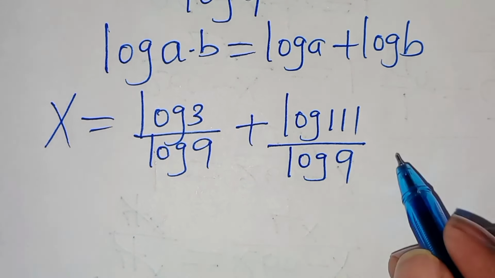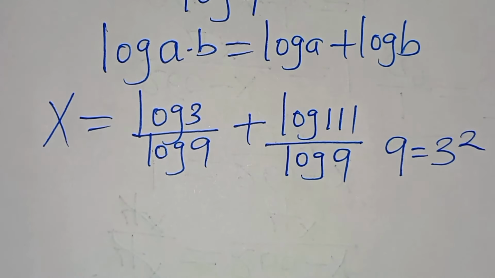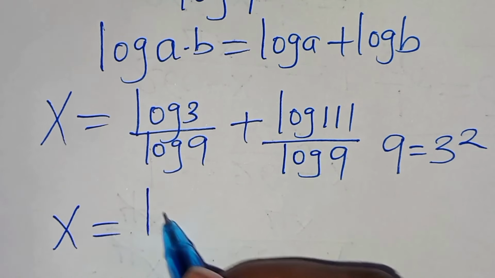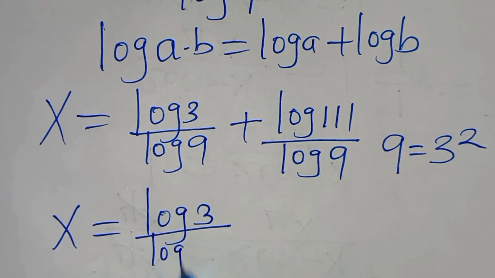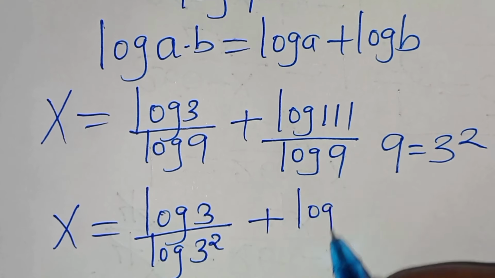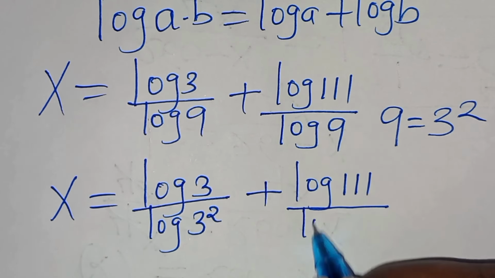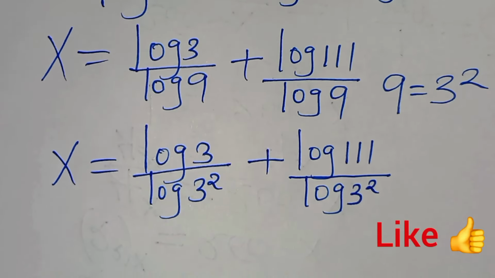So we can express 9 as 3 to the power of 2. So let's substitute this, so that x is equal to log 3 divided by log 3 to the power of 2, plus log 111 divided by log 9, which is 3 to the power of 2.